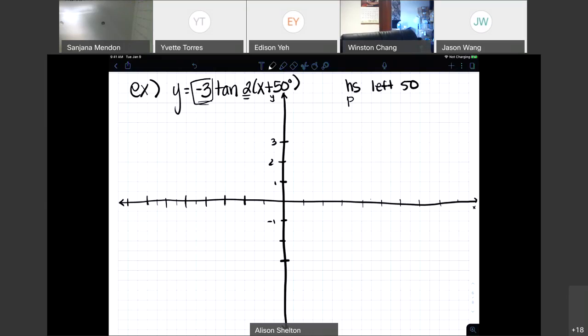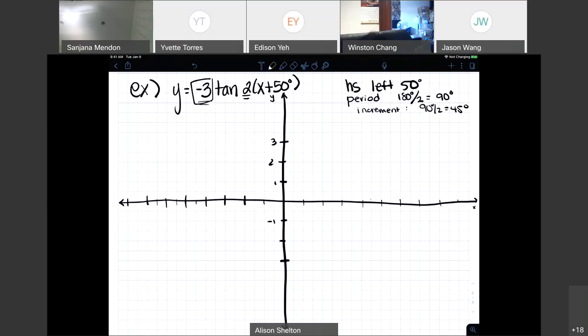This one has a period of 180 degrees because it's in degrees, divided by 2, which is 90 degrees, and an increment of 90 degrees divided by 2, or 45 degrees. So we're doing a horizontal shift of 50 degrees.